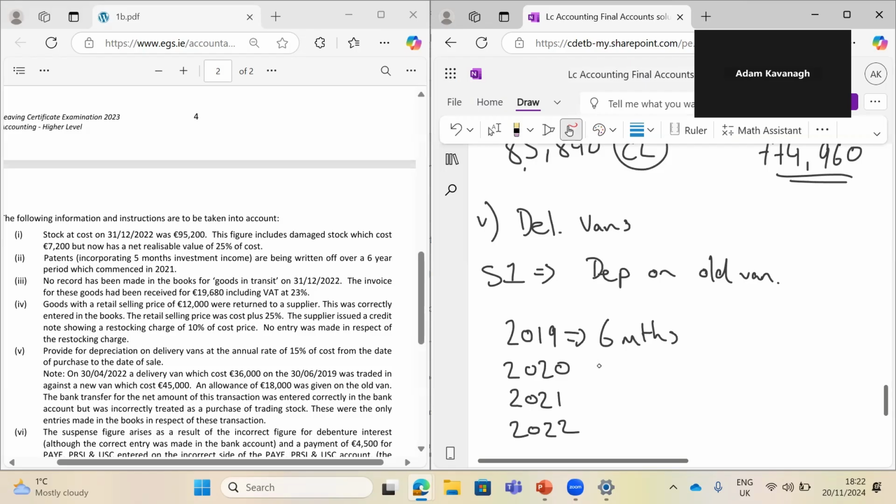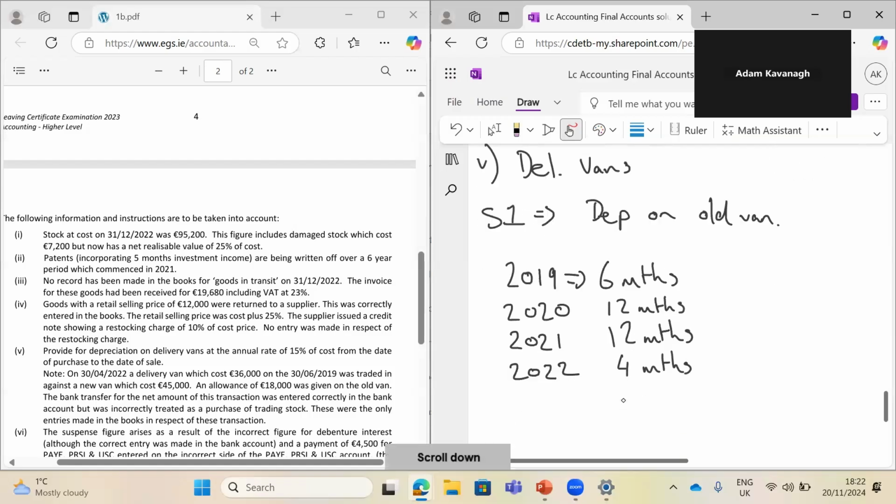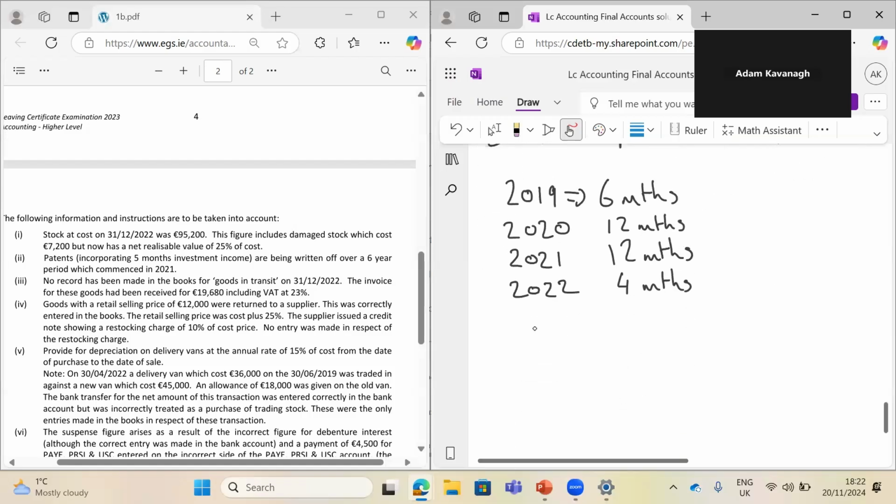Had it from July to December. Here we had 12 months. Here we had 12 months. And in 2022, we had it for 4 months. So in total, that's 2 years and then the 10 months.